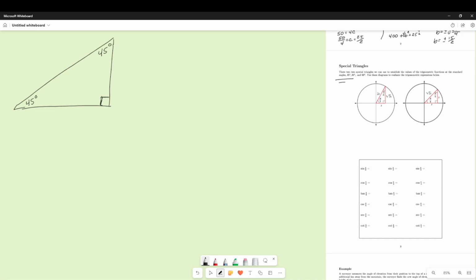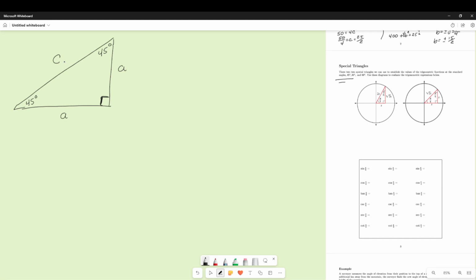This triangle is handy because if these angles match, it's an isosceles triangle, that means these side lengths have to match. So instead of one being A and the other being B and us not knowing, we know that they're the same length. And then this other side, C, is going to be the side that's different.